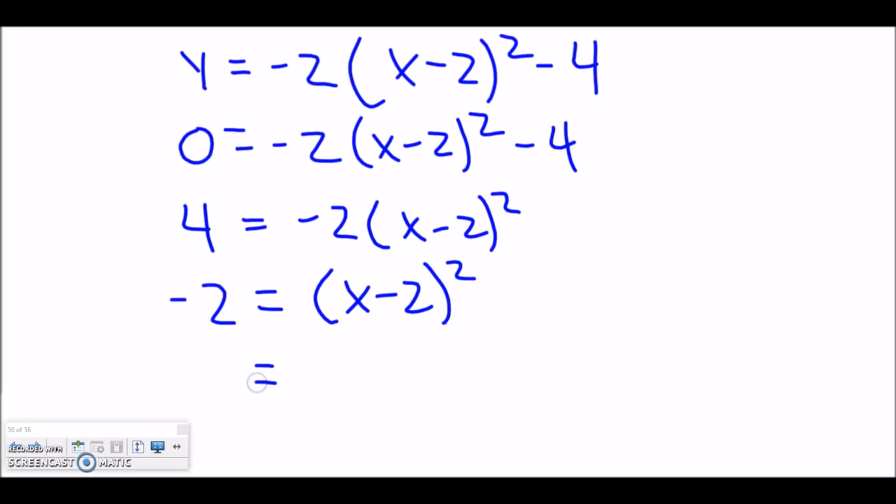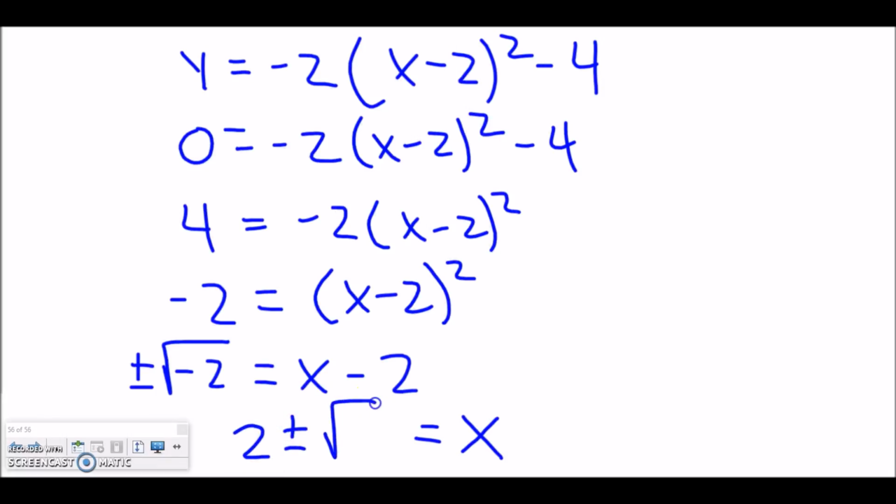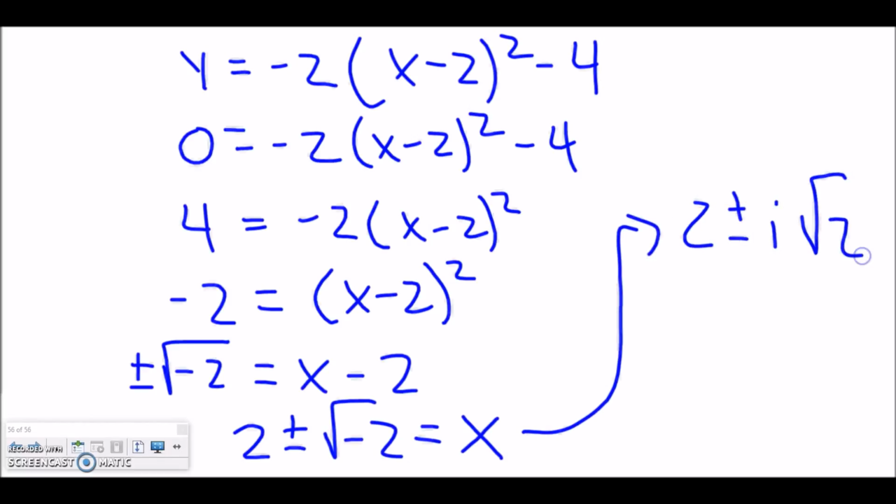Square root, that means we have a plus or minus. And add the 2 to the other side. Oh, there we go. Now we can see that we will have our i: 2 plus or minus i square root of 2.